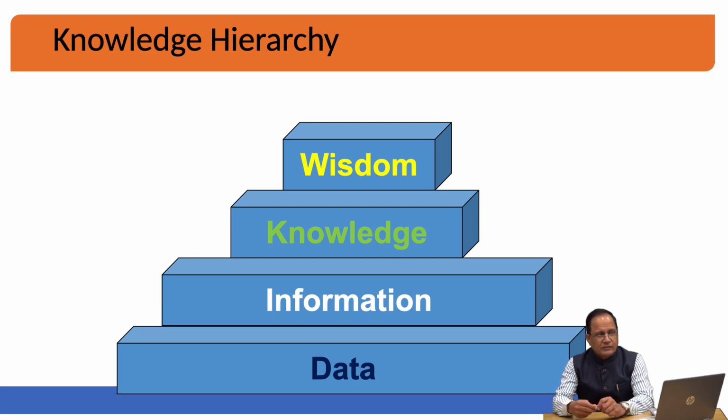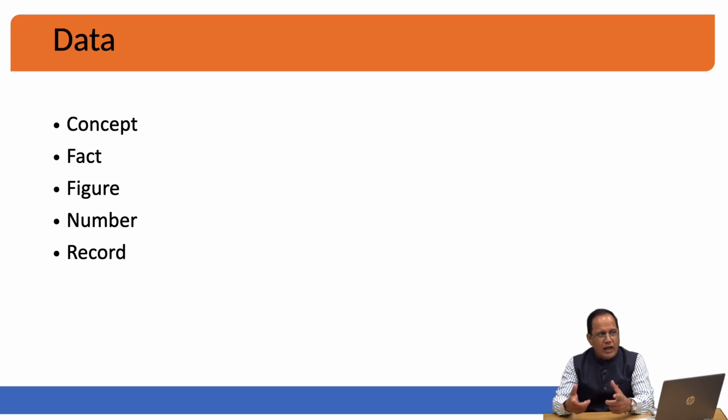Basically, data is the simple concept: fact, figure, number, any record, that is data, and these facts, these figures, these numbers can be converted into information by statistically organizing, interpreting, or manipulating them.